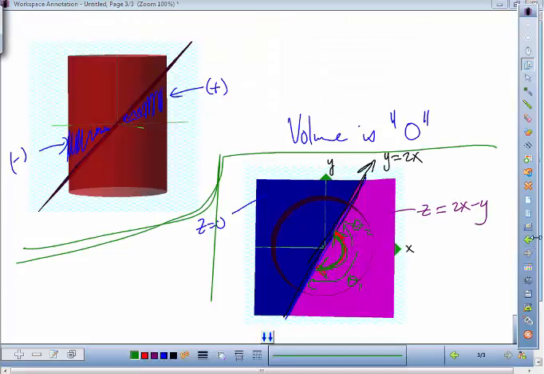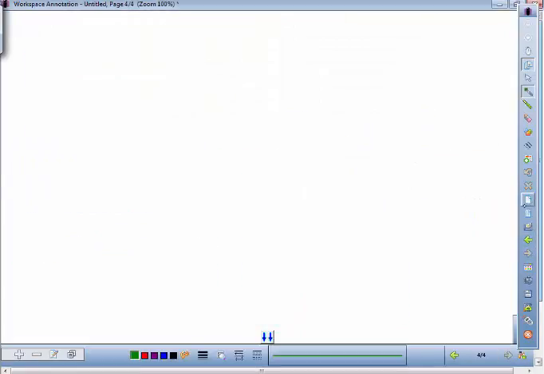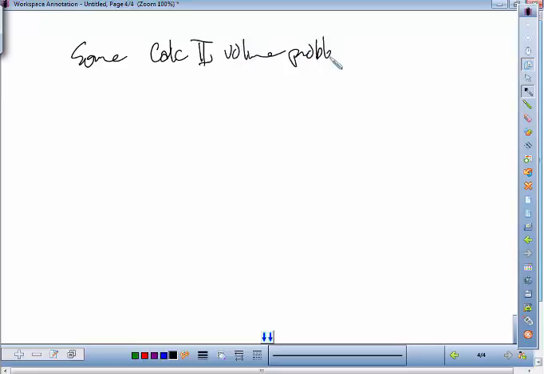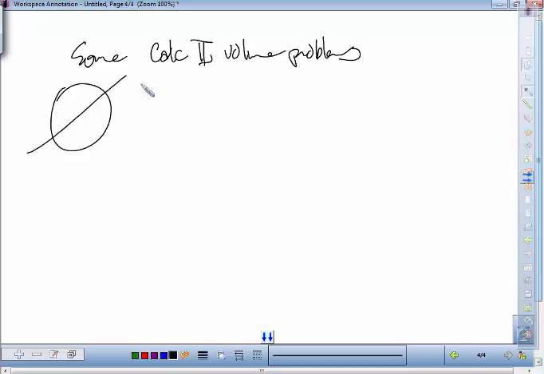Some Calc 2 volume problems. I like the problem where you have a sphere and then you cut it at some 45-degree angle and then you spin it, so you actually come up with taking off a cone section out of there, which seems like an easy problem.